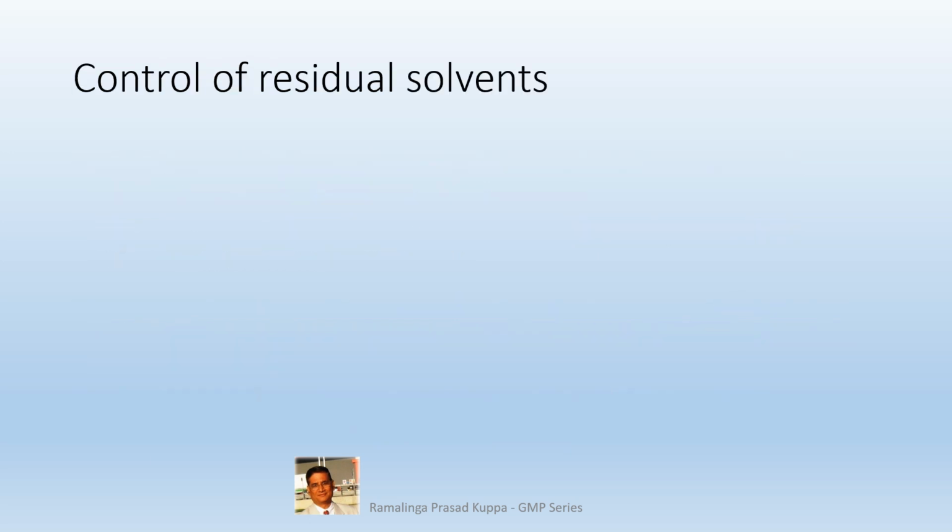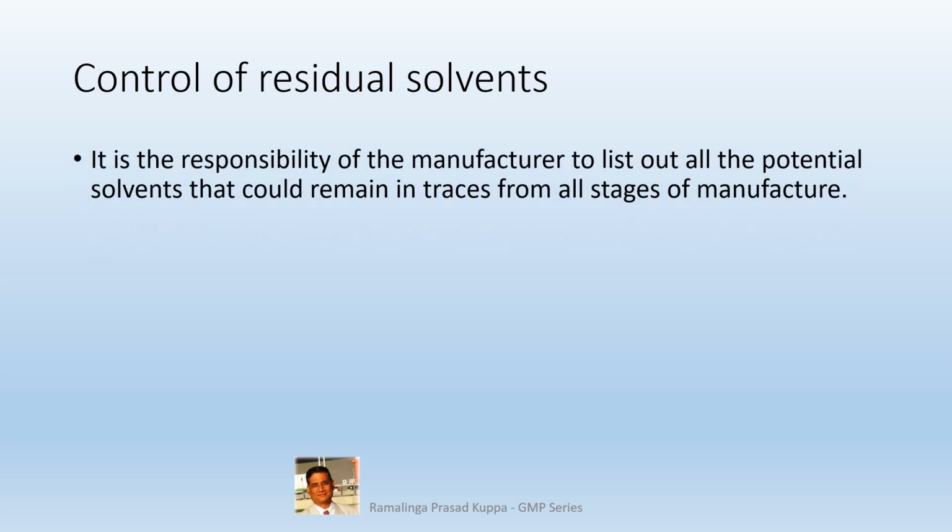Let us see how control of residual solvents is done. It is the responsibility of the manufacturer to list out all the potential solvents that could remain in traces from all stages of manufacture. Information on residual solvents only in the final API stage is not enough.